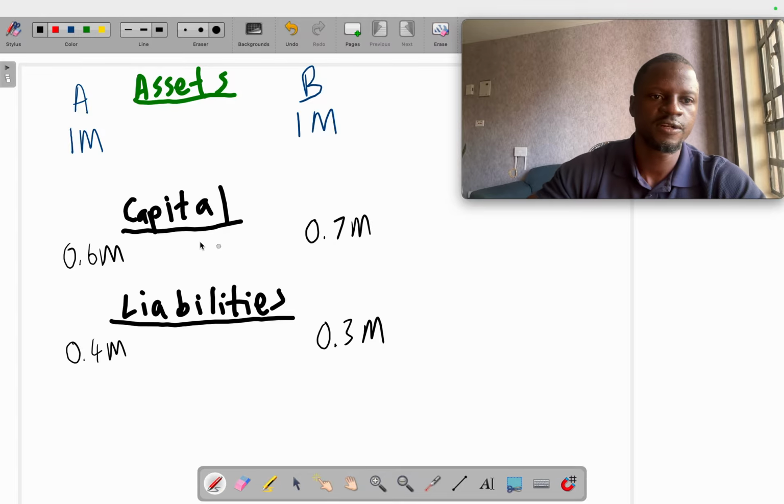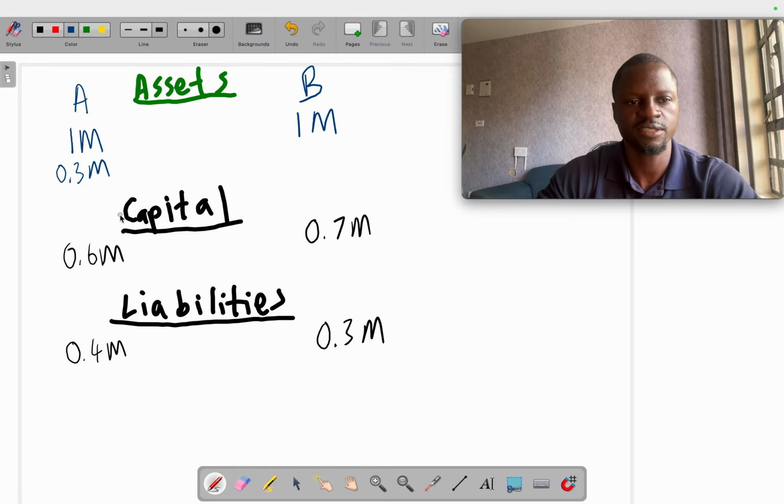3 months down, business A has 0.3 million more assets than it started with. Business B has 0.2 million more assets than it started with.